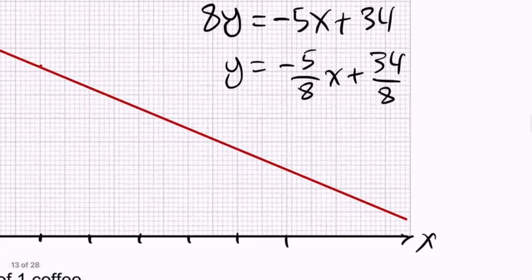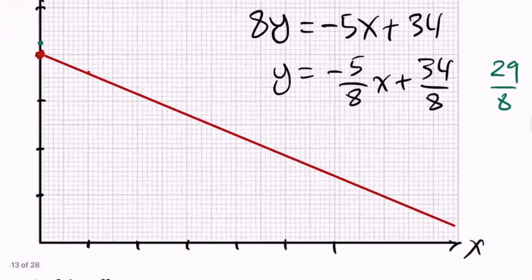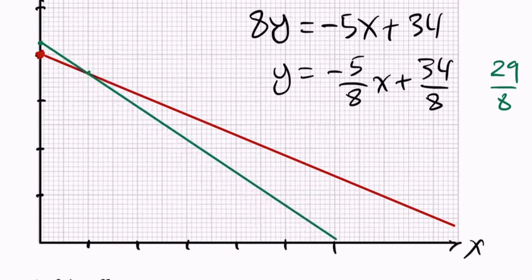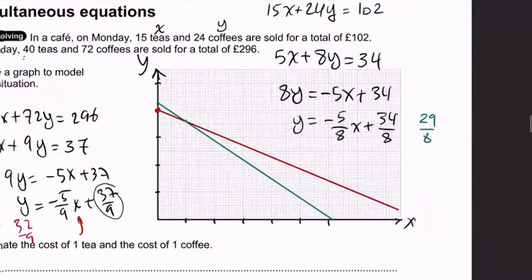So negative 5 plus 34 means 29 over 8, which equals 3.65. So 1 and 3.65 is here also, at the same point. Okay, so it will be like this. This is how we draw the two lines.